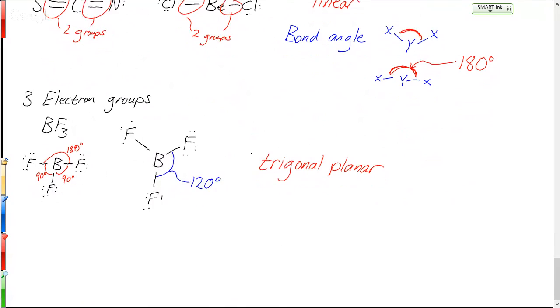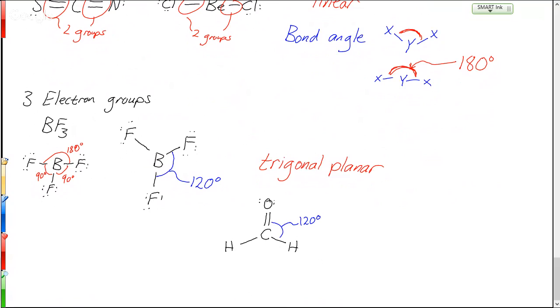Another common place we see this type of geometry is in double bonds with carbon. So if you have this type of molecule, same thing. We can see those as 3 groups. Remember, multiple bonds still count as just 1 group.